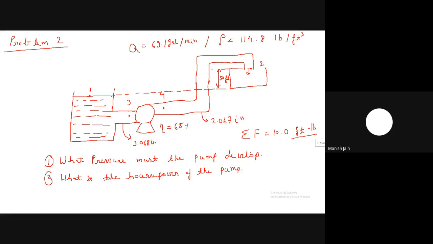First you have to convert the flow rate from gallon per minute to foot cube per second. Then you can calculate the velocity.